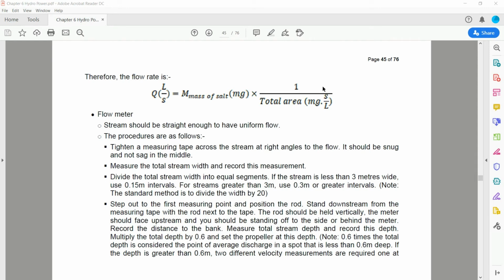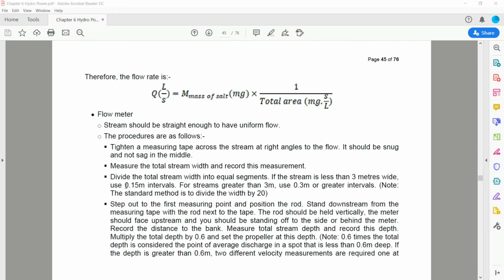Divide the total stream width into equal segments. If the stream is less than 3 meters wide, use a 0.15 meter interval. So let's say the width of the stream is 3 meters. You divide by 20, into 20 equal segments.